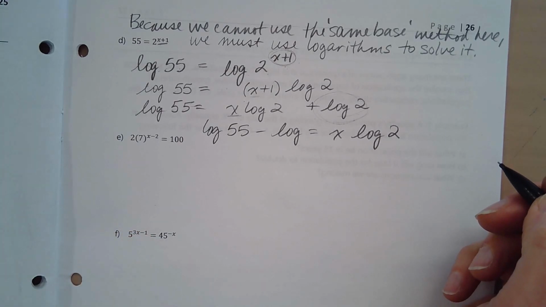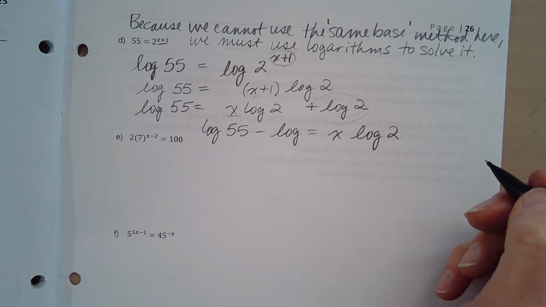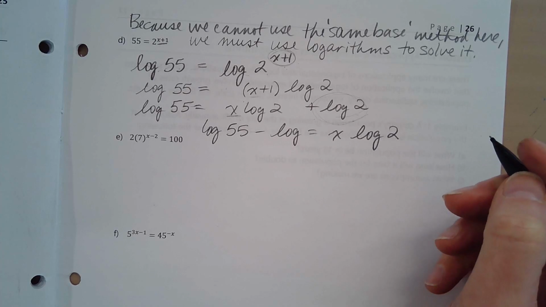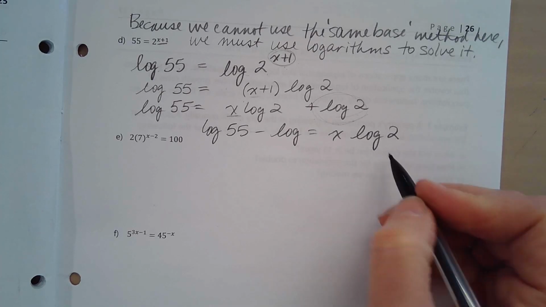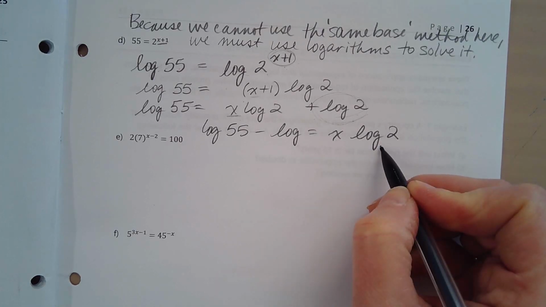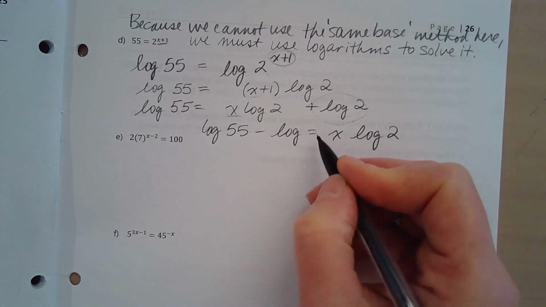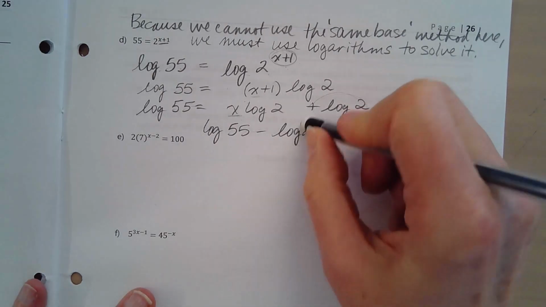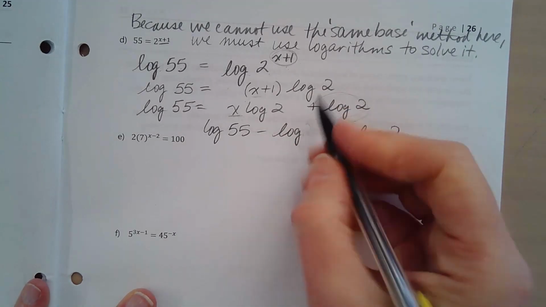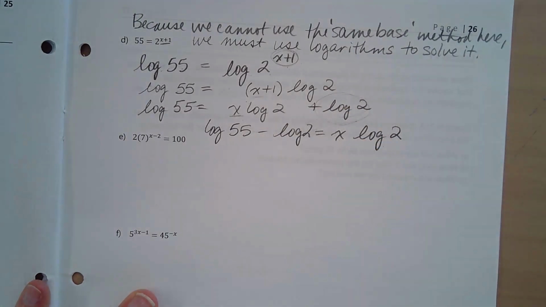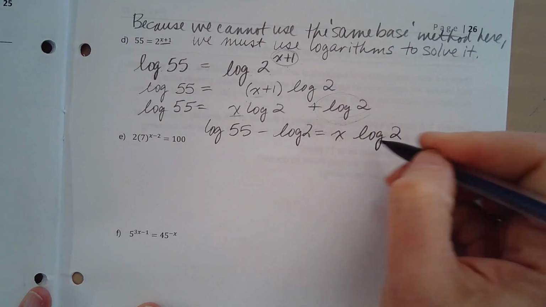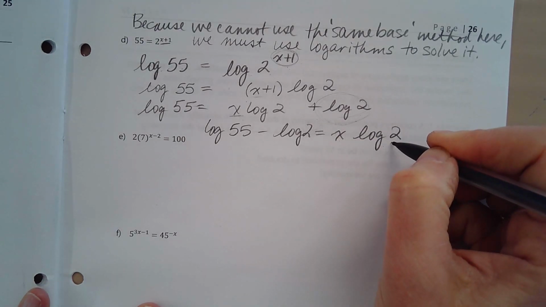Now what do I have to do? Ibby, what do I have to do? I've got x times log 2. How do I get x by himself? Not subtract. x is being multiplied by log 2.